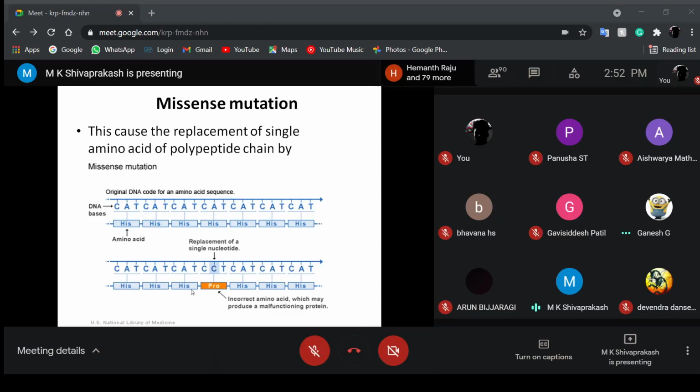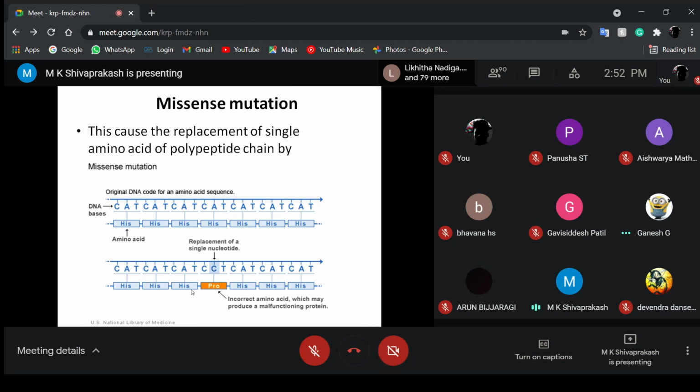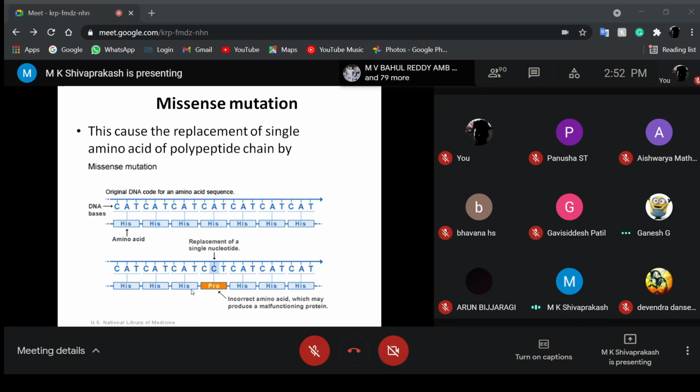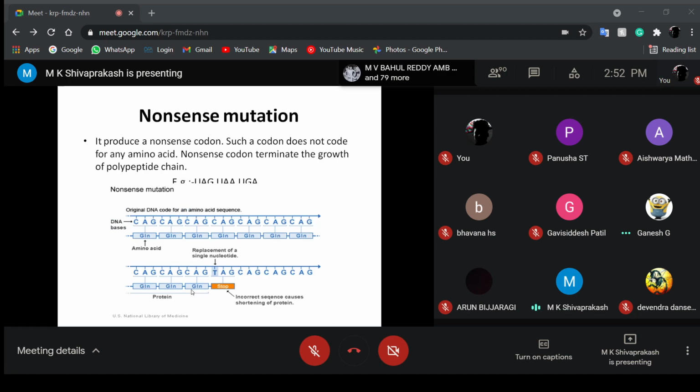If it is replaced by an incorrect amino acid, that is proline, it may produce malfunctioning of the protein. That is missense mutation.